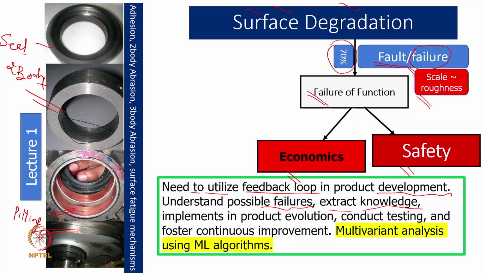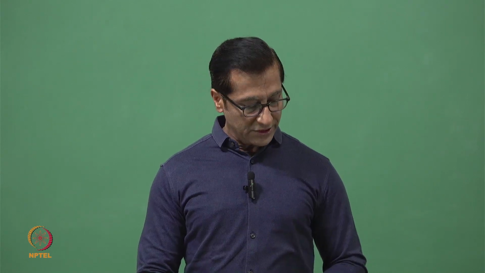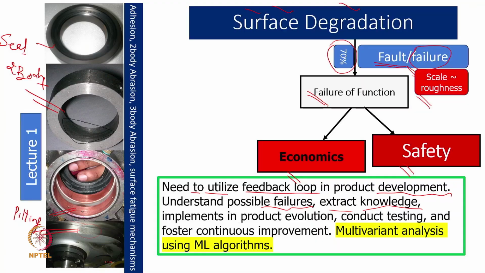Maybe we can document the knowledge, convert it into algorithms or tabular form, and then utilize it whenever there is a need, and implement that knowledge in product evolution, because we know that a product needs to continuously evolve, not only from a functional point of view or a technology point of view, but from an environmental sustainability point of view also. Whenever we do something new, we need to conduct tests.